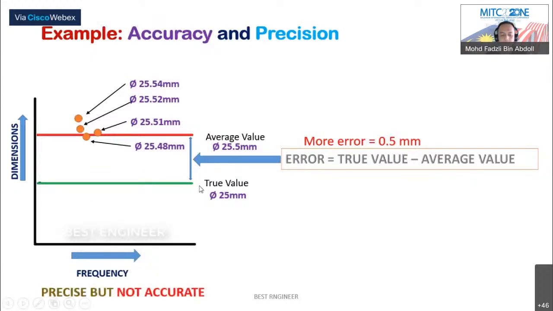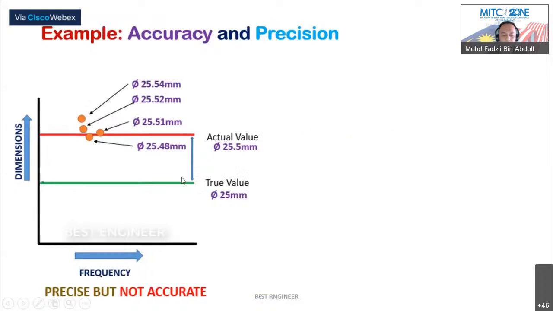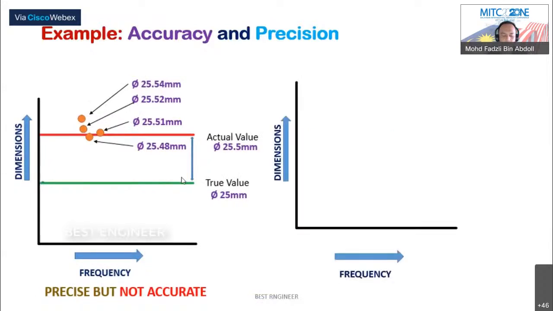So we can say here this measurement process are very precise but not accurate. We can say here it is very precise because the repeatance are same. Approximately all the values are very close to each other, but not accurate because the average value is more deviate from the true value. If we have another example, same parameters taken x and y axis, the true value is 25 mm.